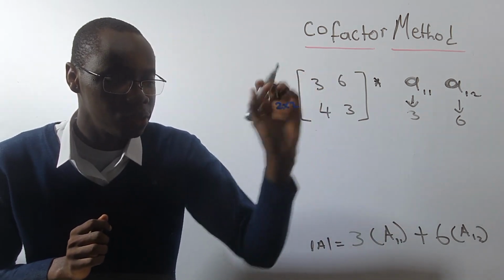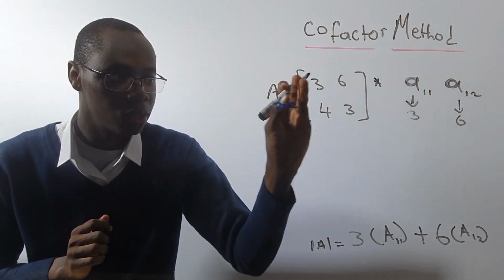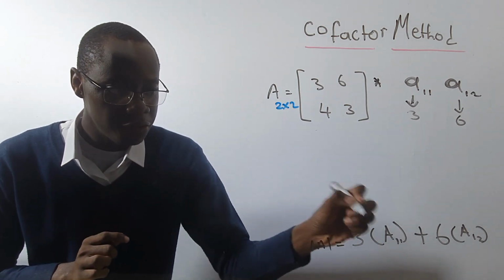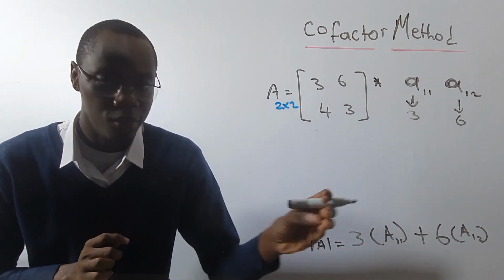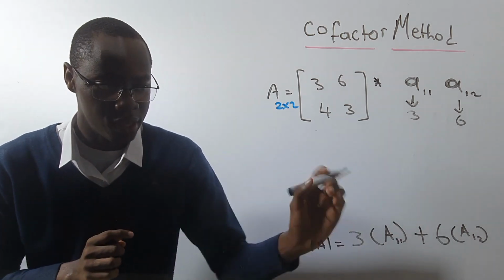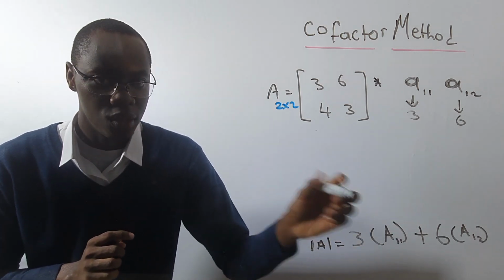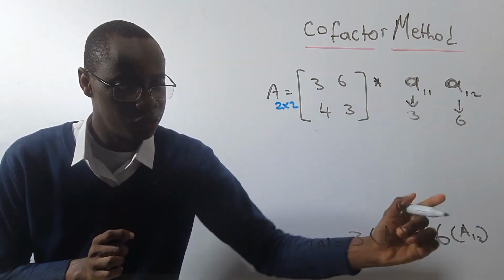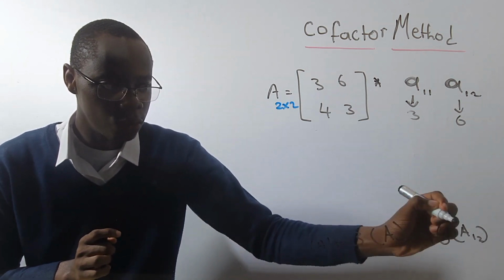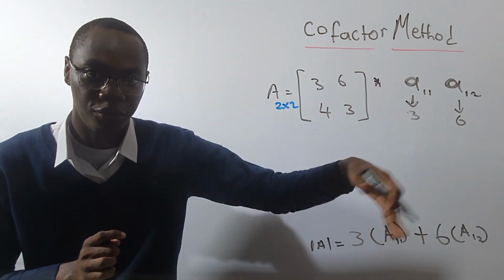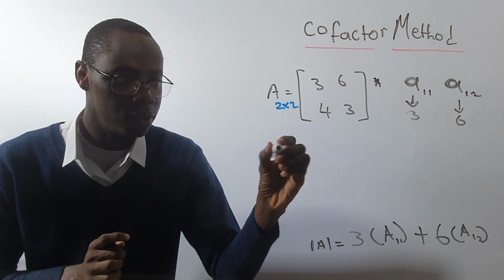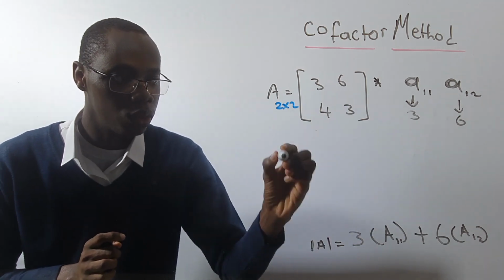To find the minor of 3, we need to find the sign first, because in every minor there's a sign, but we don't really know the sign exactly. So every minor has a sign, and we need to find the sign first before finding the minor. For capital A12 also, we need to find the sign first before finding the minor. So let us look for the minor of A11.